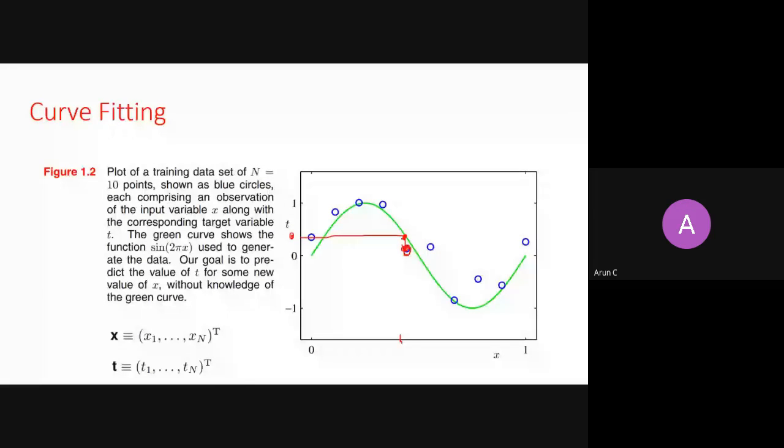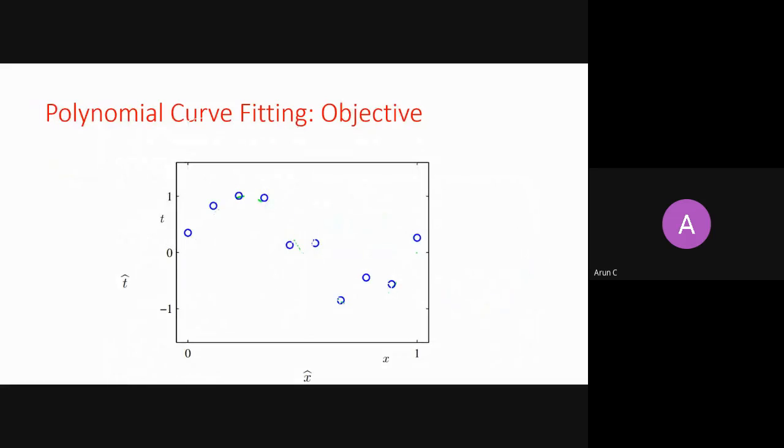Now I ask you to forget how we formed this data set, and you have only these 10 pairs, represented as xi comma ti, where ti is a function of x in terms of sine, but we don't know that. As I told you, you need to forget it. I ask you to come up with some possible choice of your model.